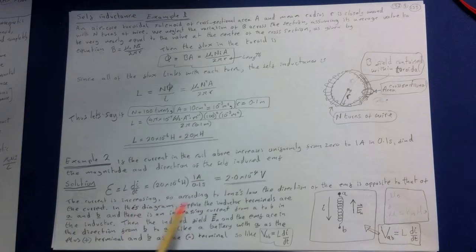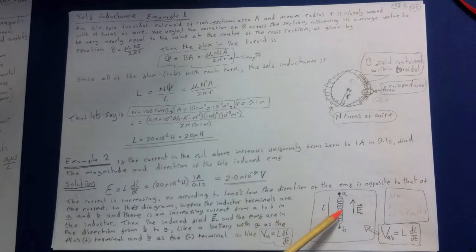The current is increasing, so according to Lenz's law, the direction of the EMF is opposite to that of the current. In this diagram, suppose the inductor terminals are A and B. This is part of a circuit, and there is an increasing current going from A down to B in the inductor.